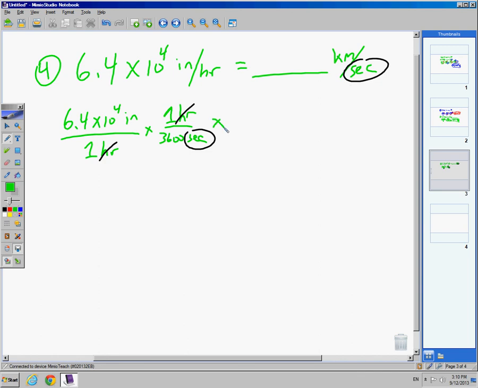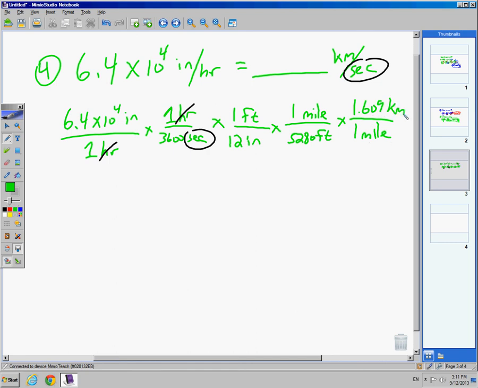Now I'm going to attack inches. I know inches is much smaller than a kilometer. First thing I know is that there are 12 inches in 1 foot. That does help me. I know that there are 5,280 feet in 1 mile. And if you remember that conversion factor that we did before, 1 mile equals 1.609 kilometers.